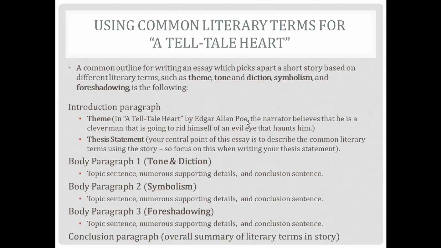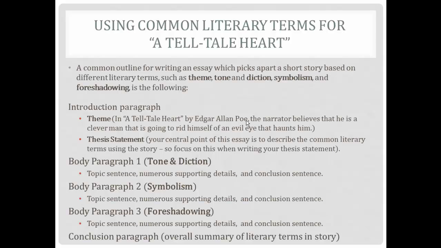All right, so your body paragraph number 1. This is a strong suggestion. You don't have to follow what I'm saying. But since we're describing common literary terms, and this is just an example, we're going to look at tone and diction. Now remember, tone is the emotion, attitudes, and feelings expressed by the writer, seen through the characters. So you're describing that.